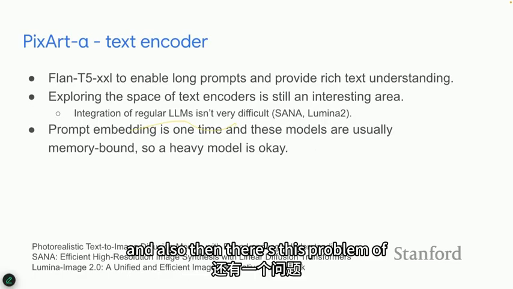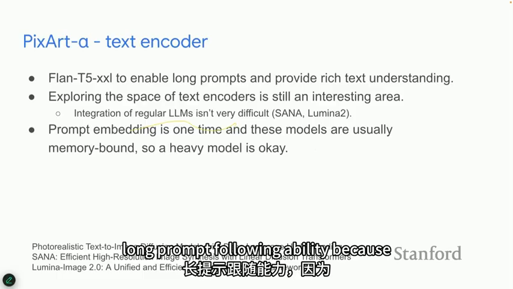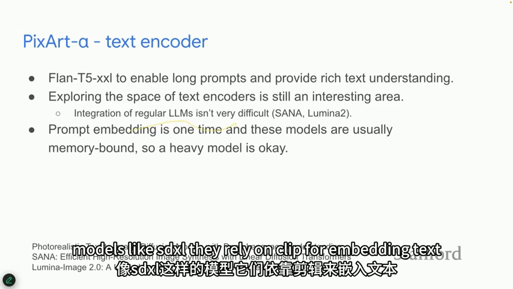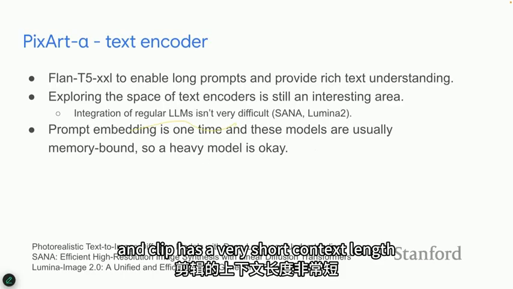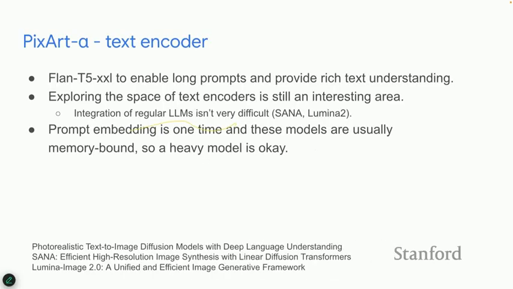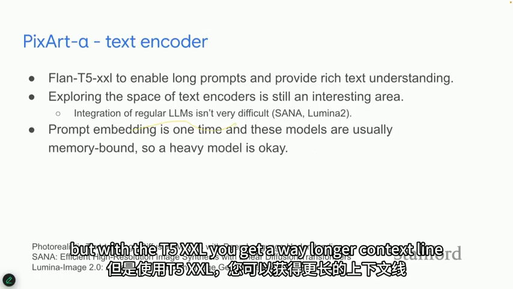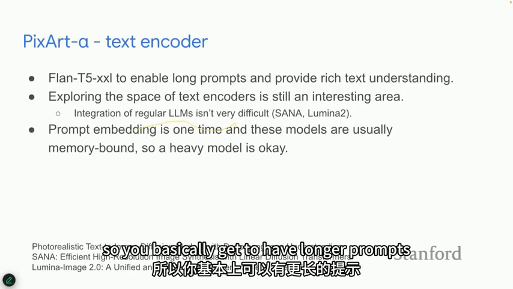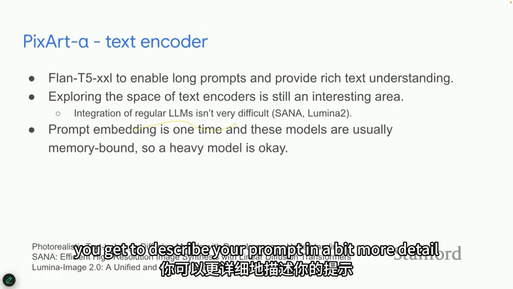And also there's this problem of long prompt following ability, because models like SDXL rely on CLIP for embedding text, and CLIP has a very short context length. I think it's 77. But with the T5XXL, you get a way longer context length. So you basically get to have longer prompts. You get to describe your prompt in a bit more detail.